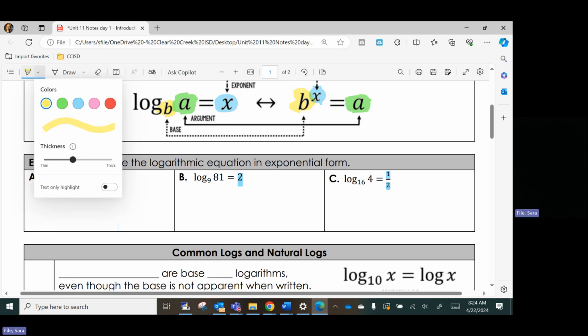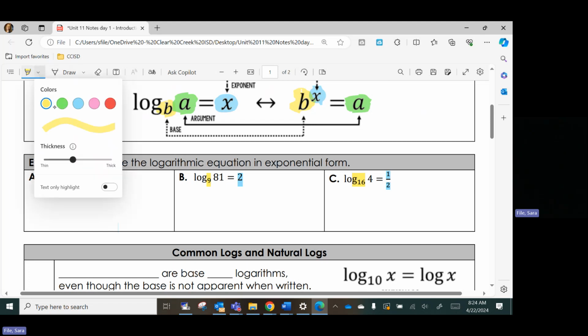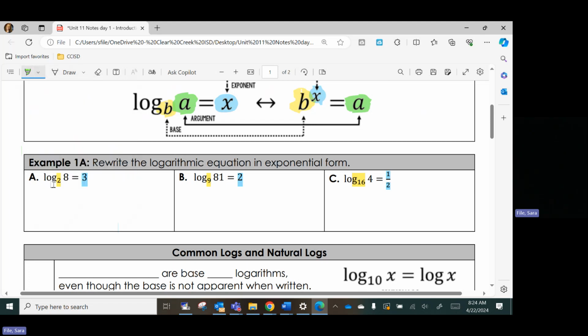What will be the base? That number there, the base of the log. The base of the log is written as a subscript, like in the corner.